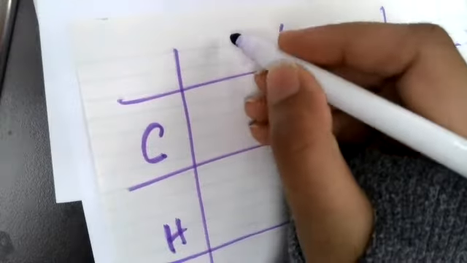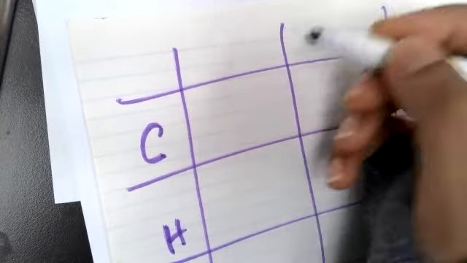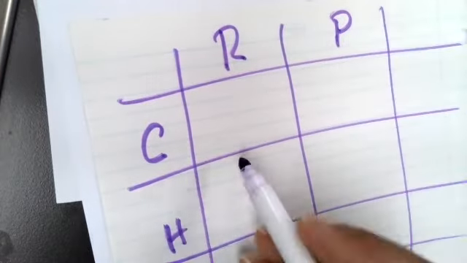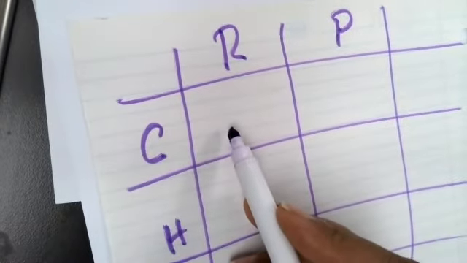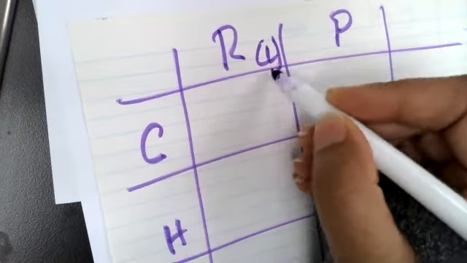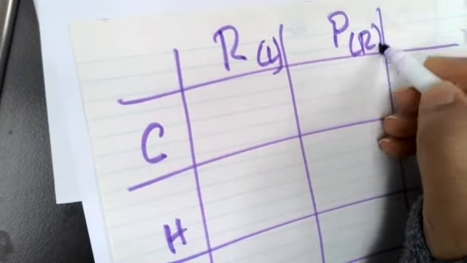And I'll label my columns reactants and products. The number of atoms has to be equal on both the reactant side, which is the left side, and the product side, which is the right side.